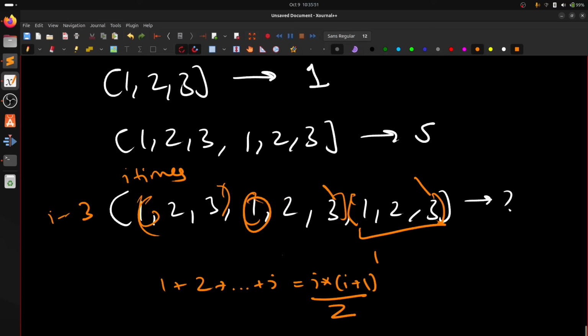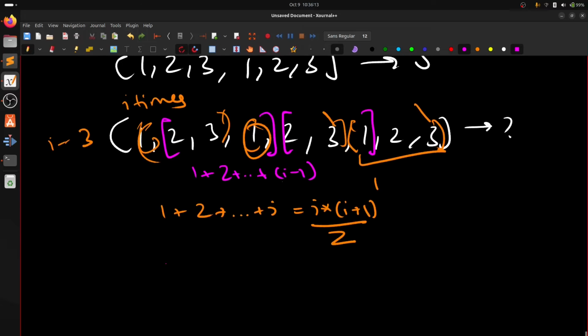Now, what about the subarrays which start at 2 instead, right? So we can have starting at 2, ending at this one, or ending at this one, right? And then starting at this 2 and ending at this one. So we get 1 plus 2 plus so on plus I minus 1, right?